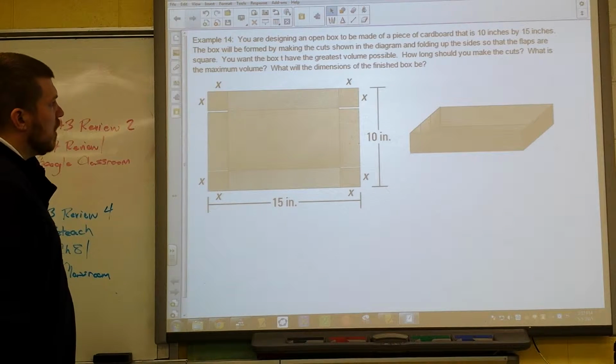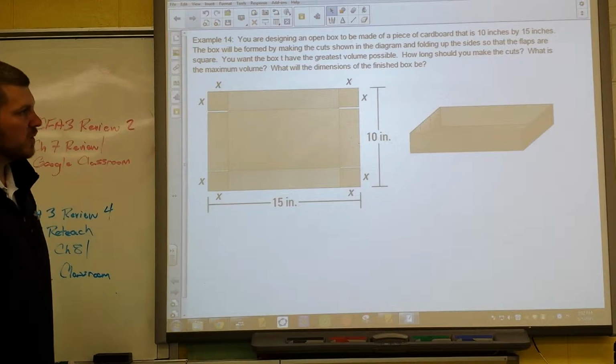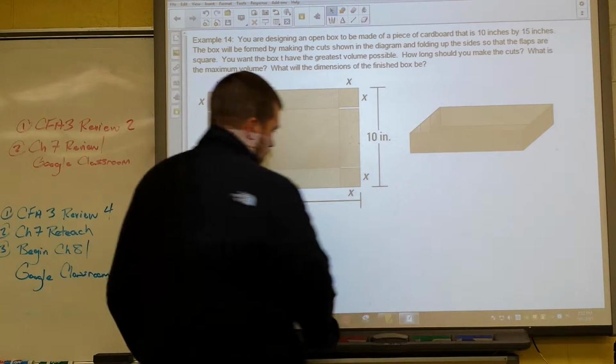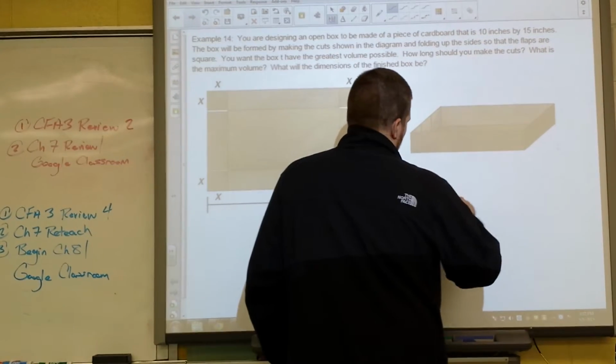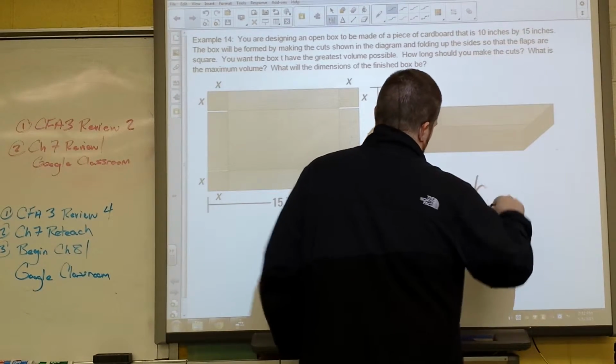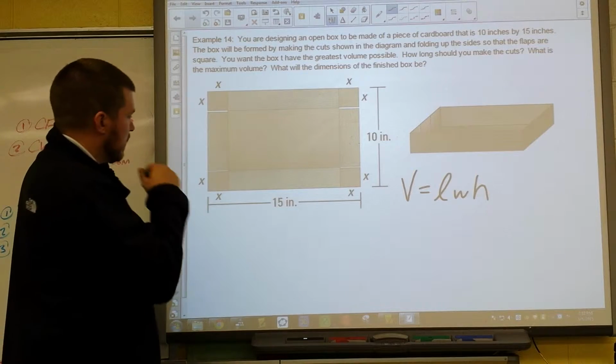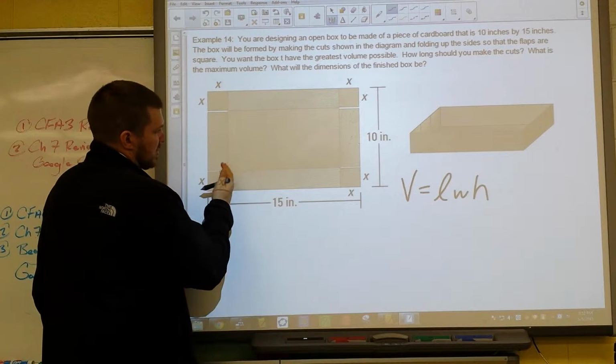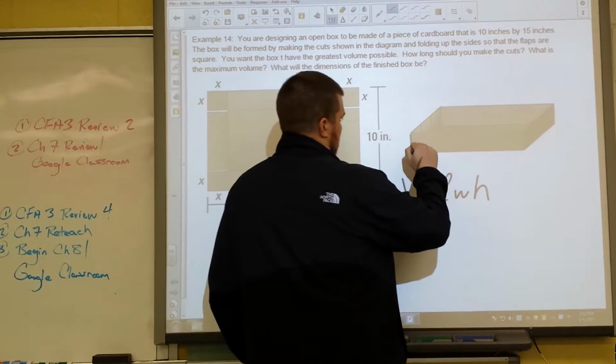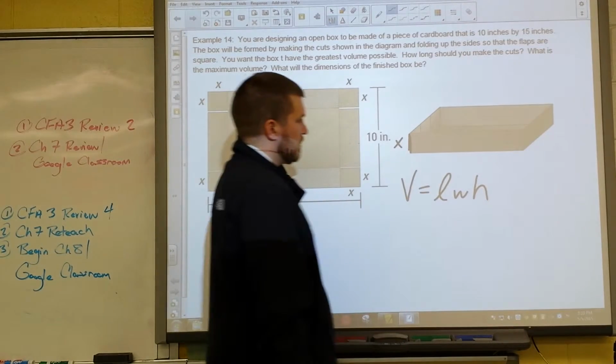Okay? So what we want to do is to first think about volume. So volume of the box is length times width times height. Alright, so first off, let's think about what we got. If we fold this piece up, we know the height is going to be x.